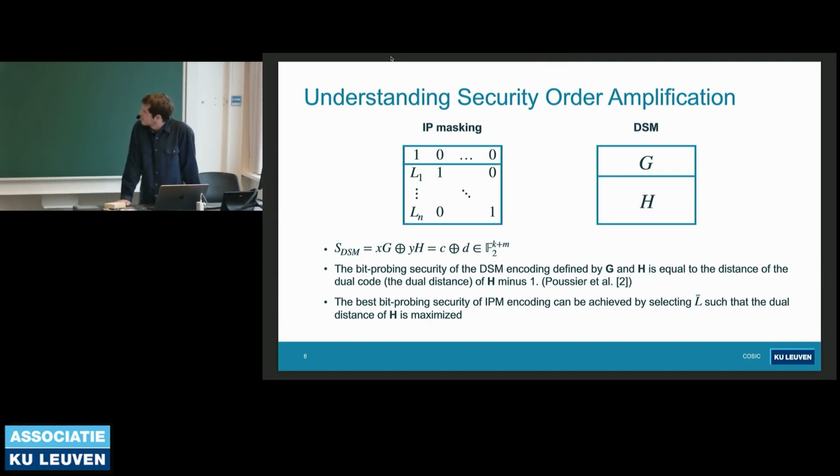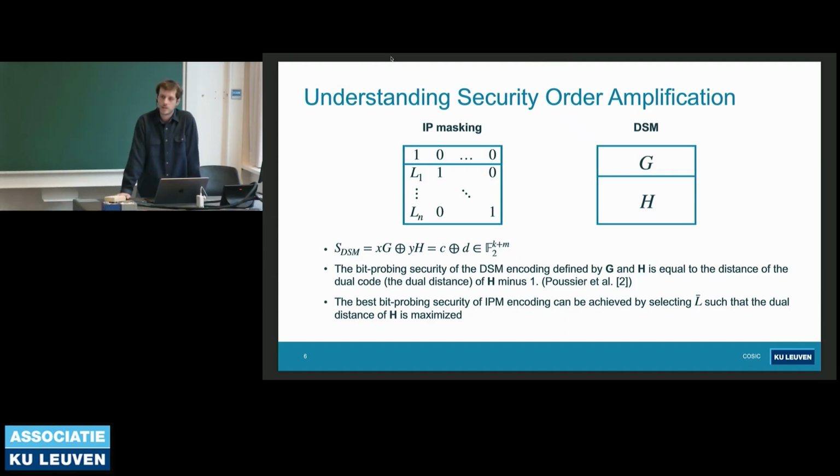In order to better understand this security order amplification, we have to introduce yet another masking type, which is direct sum masking, a specific case of code-based masking. With code-based masking, now you work over bits.